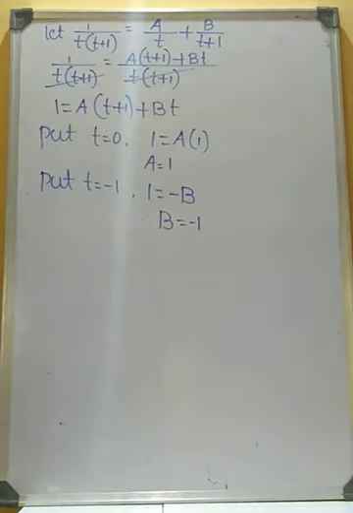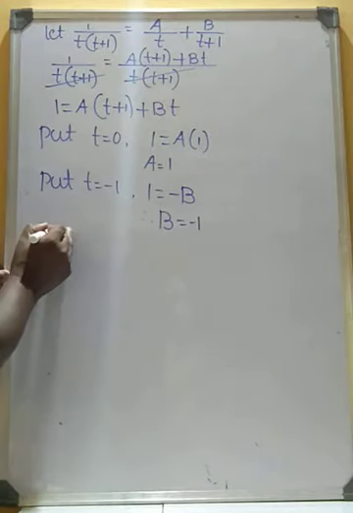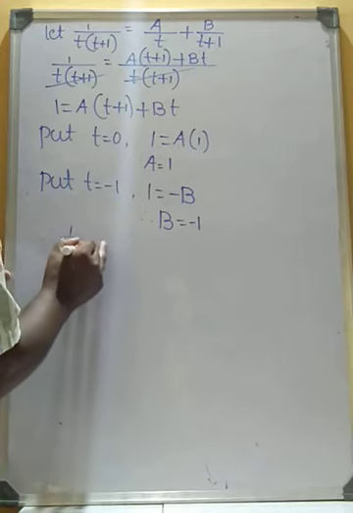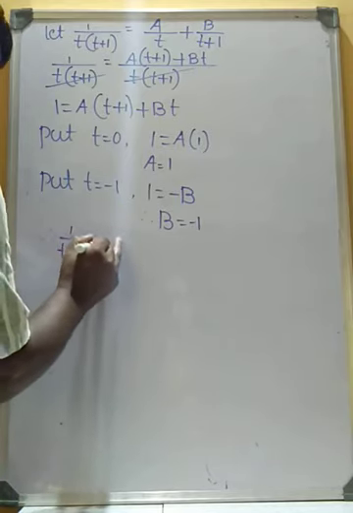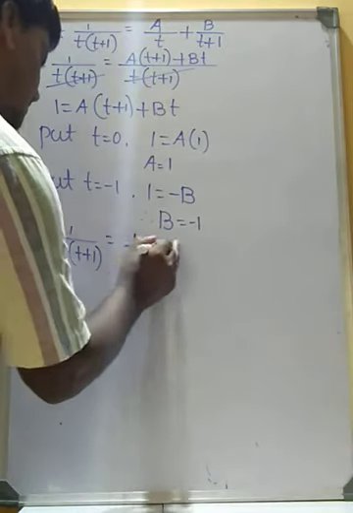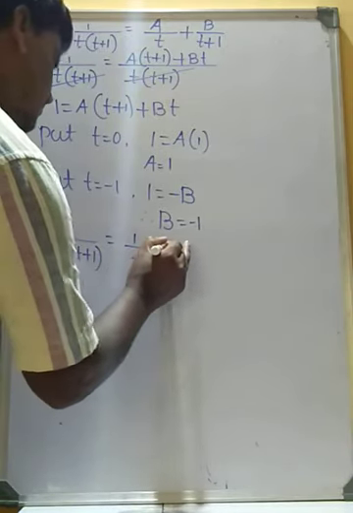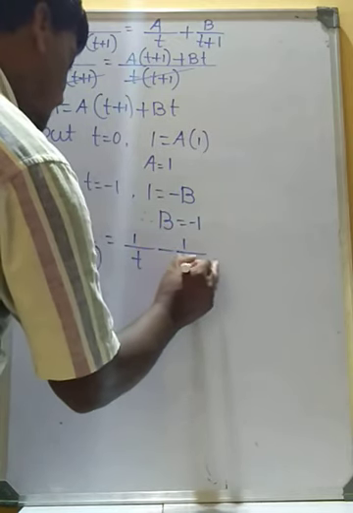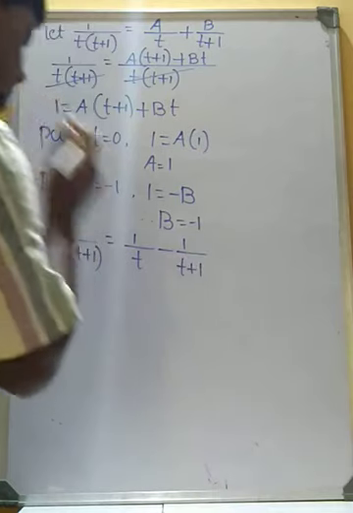So substitute in the given integral. 1 divided by t into t plus 1 equals, what is a? A is 1 dividing by t, and minus b is 1 dividing by t plus 1.